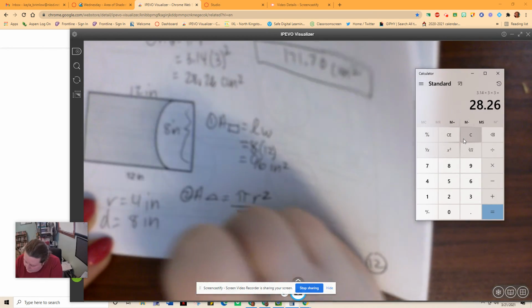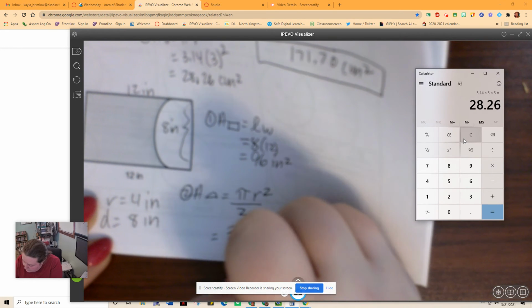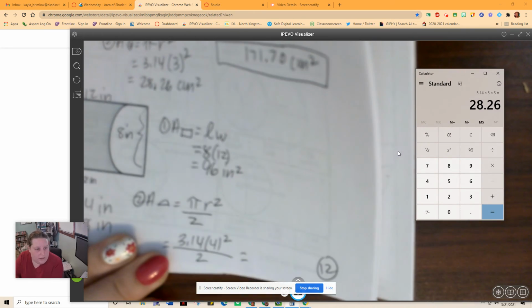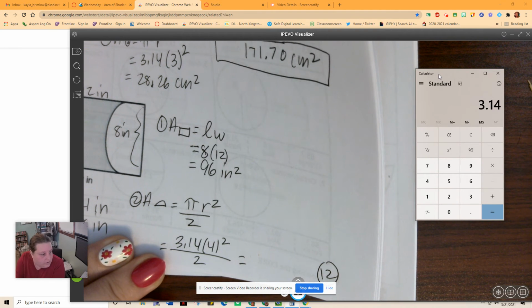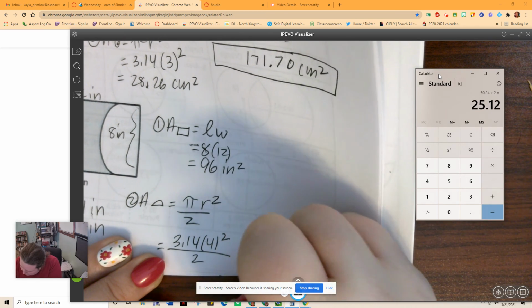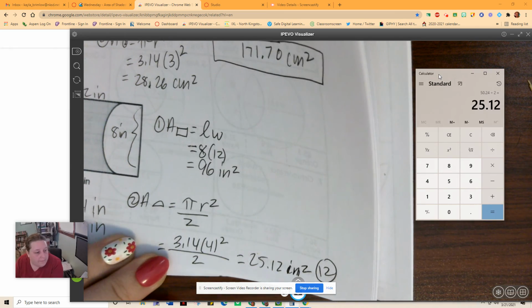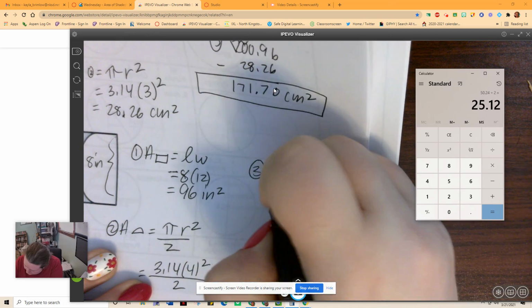So now I can use this to find the area. So 3.14 times 4 squared divided by 2. And I'm going to go ahead and use my calculator now. So pi times 4 again, and then divide that in half, and I get 25.12 inches squared.